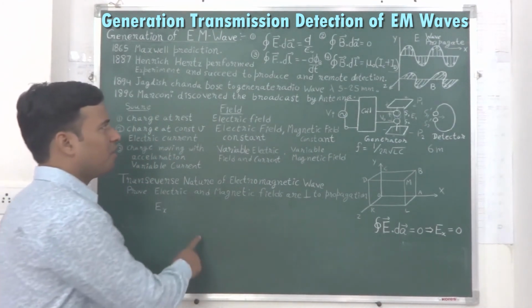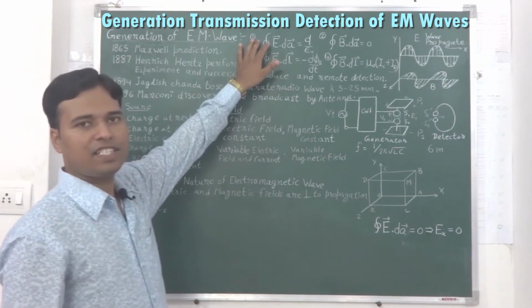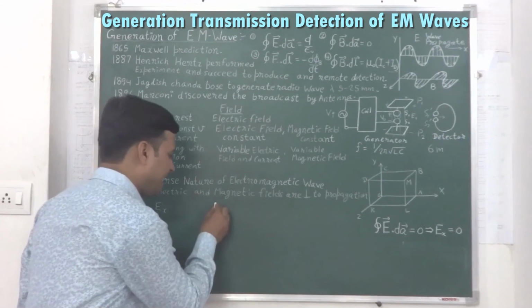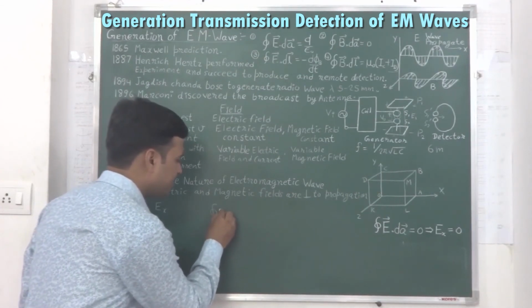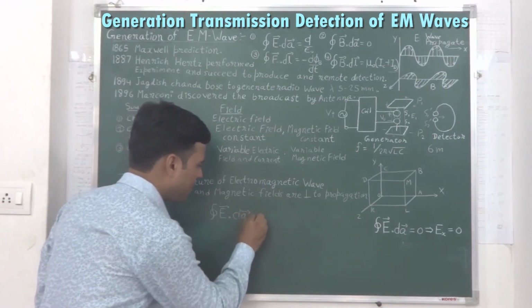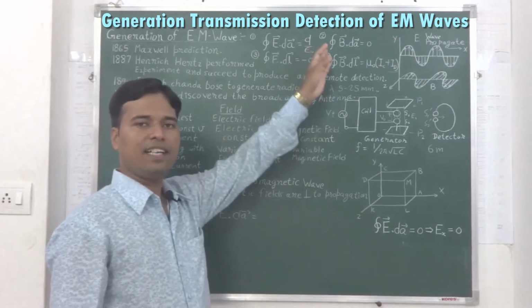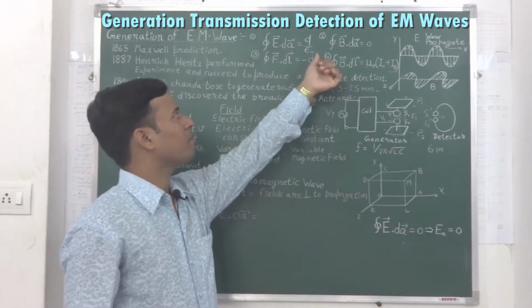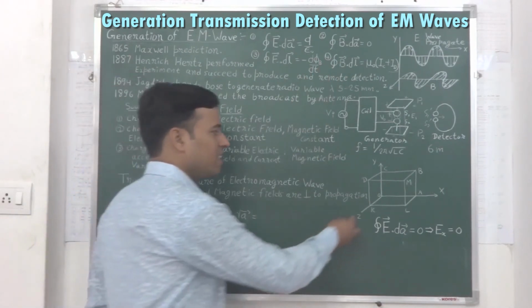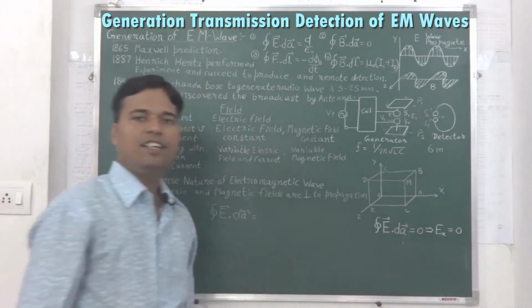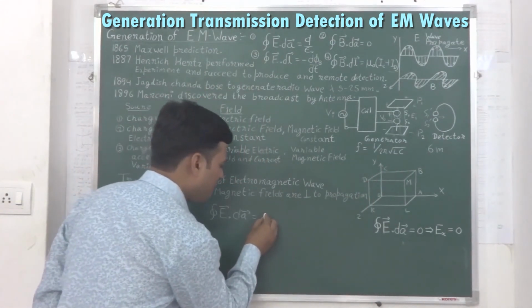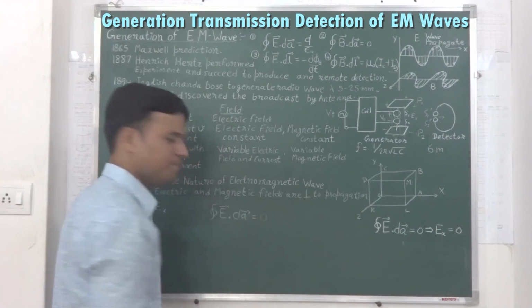Now, from the first equation, which is Gauss law for the electric field, we can write E vector dot dA vector is equal to the total charge inside the parallelepiped upon the permittivity. But we consider there is no charge inside this parallelepiped, so we can write 0.